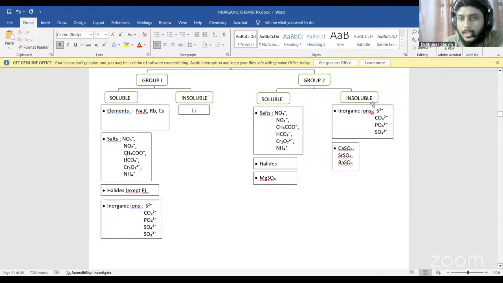And sulfide, carbonate, phosphate, sulfite are not soluble. In group 1, sulfite, carbonate, phosphate all are soluble, but in group 2 these are insoluble. So you can remember this chart and you will know about the solubility.